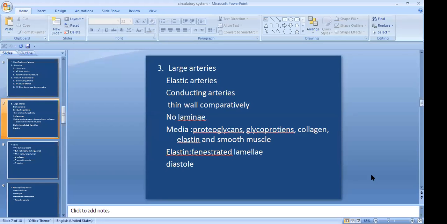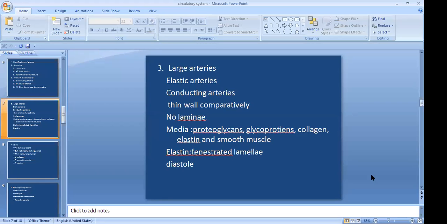The large arteries have elastin and smooth muscles. The elastin is usually present in the form of fenestrations, and these fenestrations of elastin are called fenestrated lamellae.